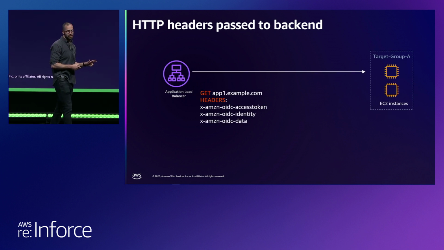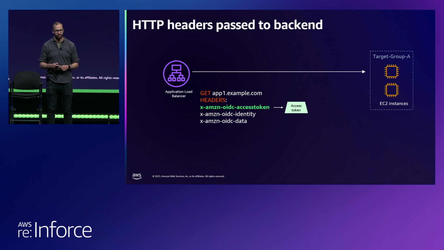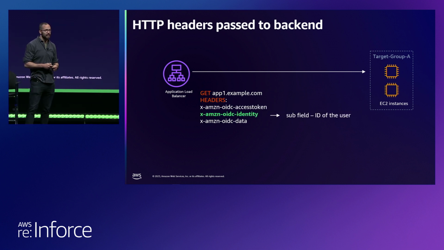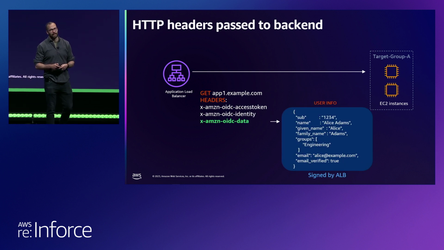There are 3 headers: X-Amzn-OIDC-Accesstoken, Identity, and Data. The access token is an exact copy of the access token we received from the identity provider, still signed by the identity provider. The OIDC identity is just an ID field of the user, and the OIDC data is a copy of the user info we got from the user info endpoint. But this time, it's signed by the application load balancer.